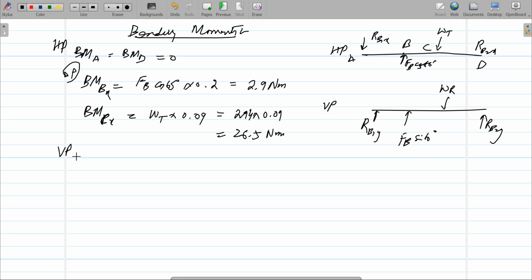For the vertical plane, again the endpoint moments are 0. So the moments at points A, B, C and D. The bending moment at point B in the y direction equals FB sin 60 into 0.2.